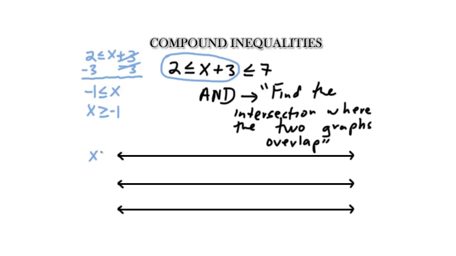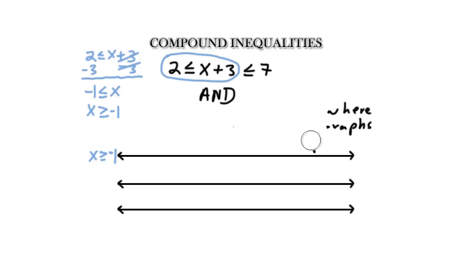Alright, so I'll use the first number line for that one. It's going to be -1. Now let's make more space on the right. Alright, so the second one is x plus 3 less than or equal to 7.